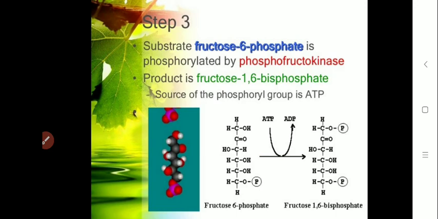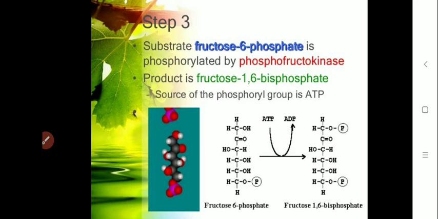The third step is again a phosphorylation step. Here the product of step 2, which is fructose 6 phosphate, is phosphorylated with the help of the phosphofructokinase enzyme.